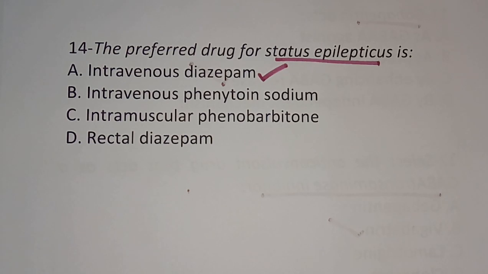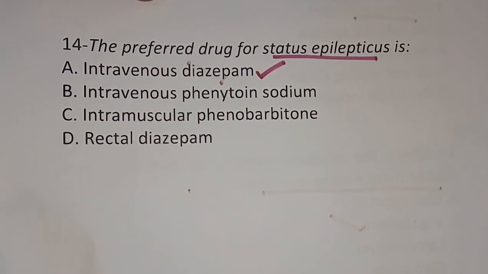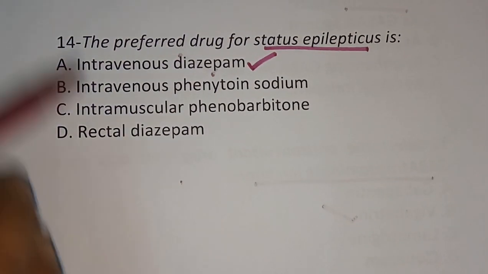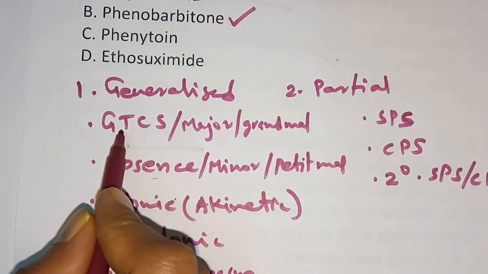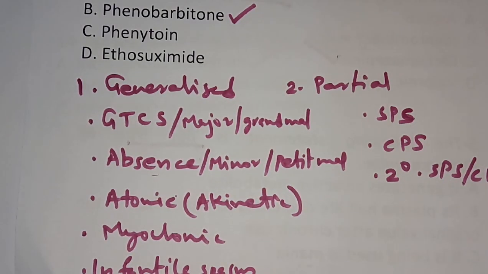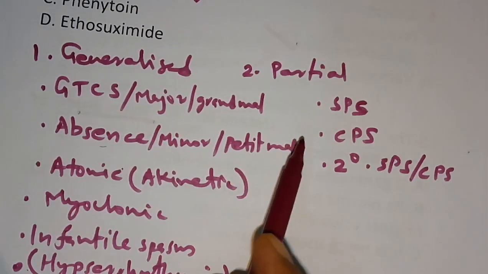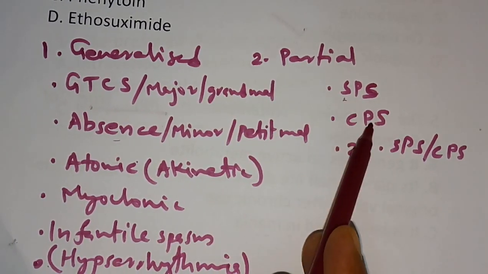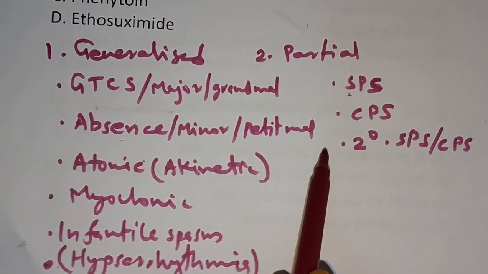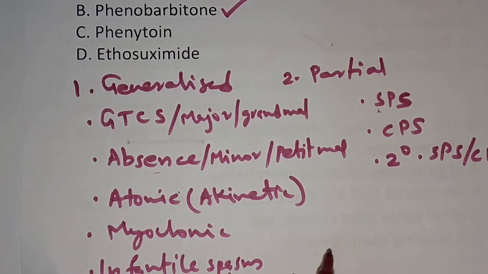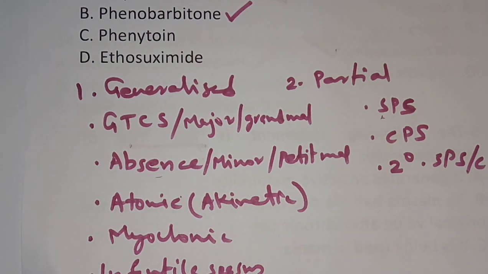Now we will see the important drugs of choice for different types of epilepsy. Generalized seizures are classified into GTCS, absence, atonic, myoclonic, infantile spasm, and partial seizures are simple partial, complex partial, and secondary. This one we already discussed after the first question.